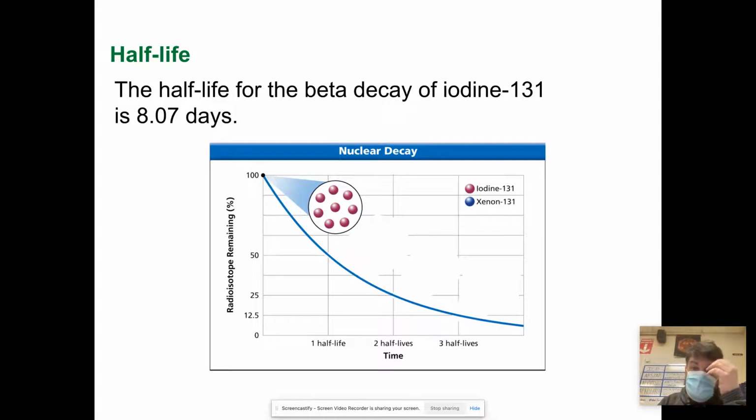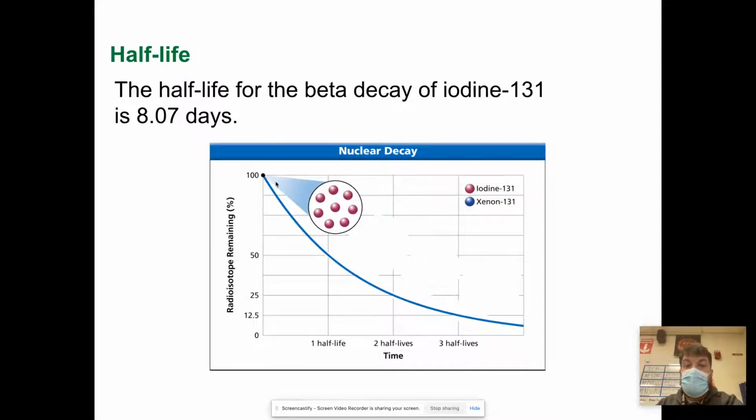So the half-life of beta decay of iodine-131 is about 8.07 days. So after 1 half-life, it goes from 100 to 50. That's 8.07 days. After 2 half-lives, it goes to 25, which is 1/2 of 1/2, or 1/4. After 3 half-lives, it's 12.5, which is 1/8 of 100.